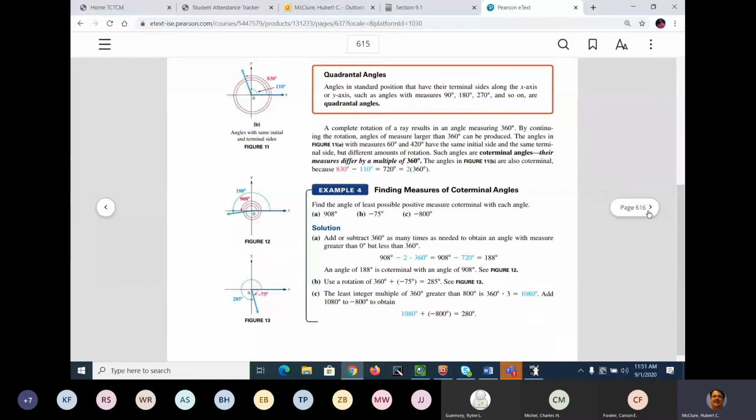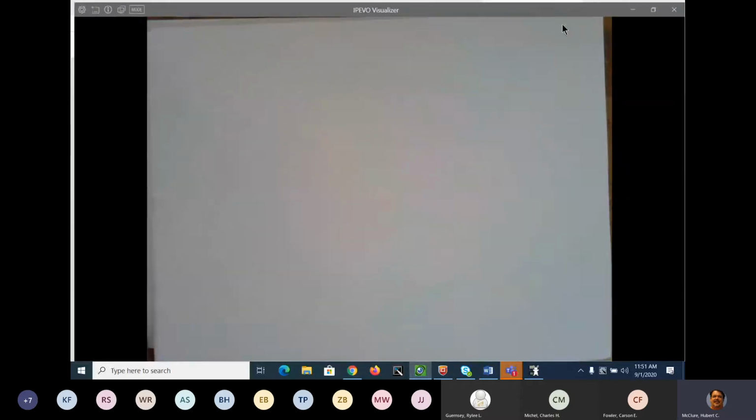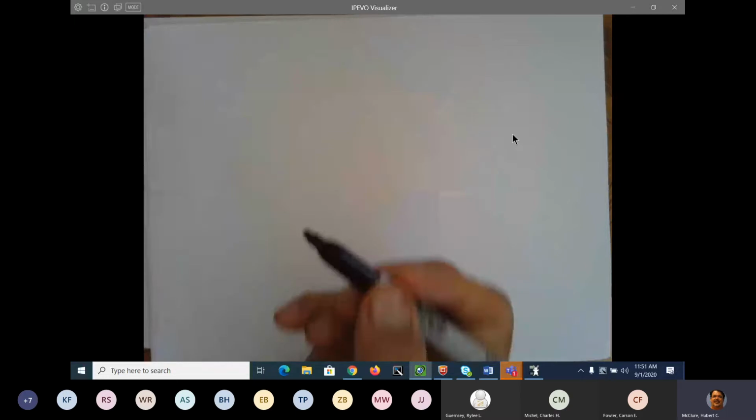Now, I do this a little bit different from the book, and you don't do this very often. You might have one test question like this, but when they give you something like 908 degrees, I'm just going to show you how I do this. 908 degrees means that you're going around the circle more than once.